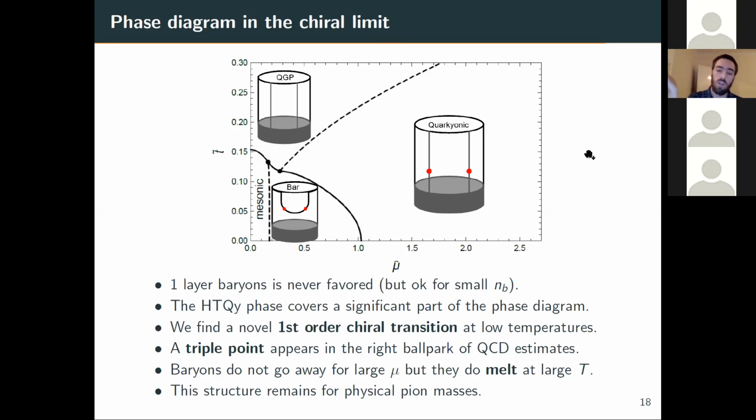That's something you kind of expect because the Sakai-Sugimoto model has lambda fixed in this approach, and so you don't really have asymptotic freedom in full-fledged form, but again, that's one of the not so nice things about the results. And let me say that this is the phase diagram in the chiral limit, but this is very similar to what you get when you include a very small pion mass or quark mass.